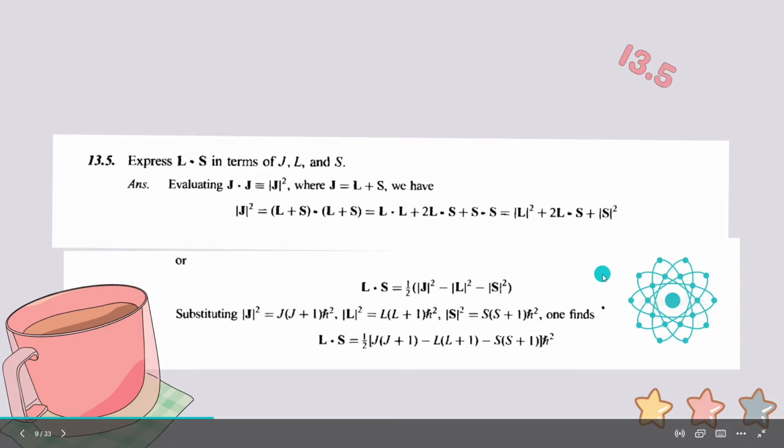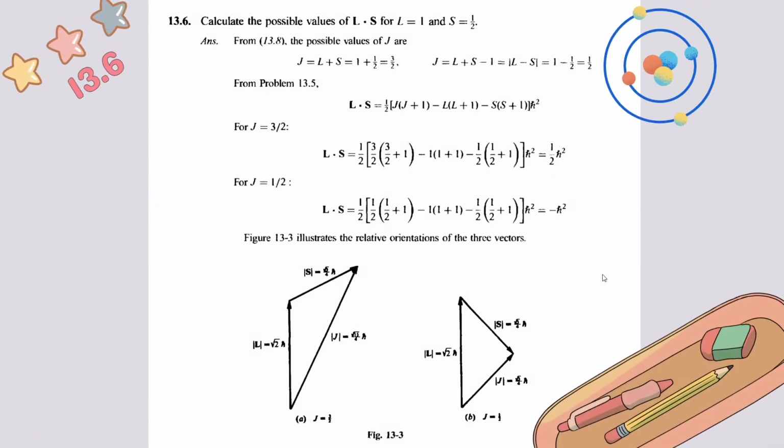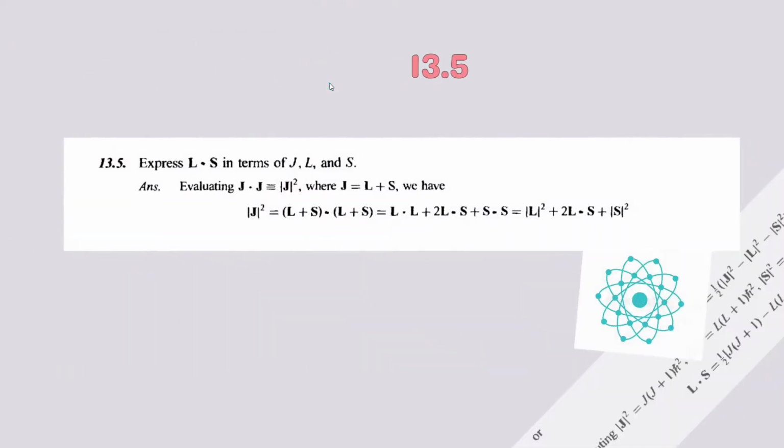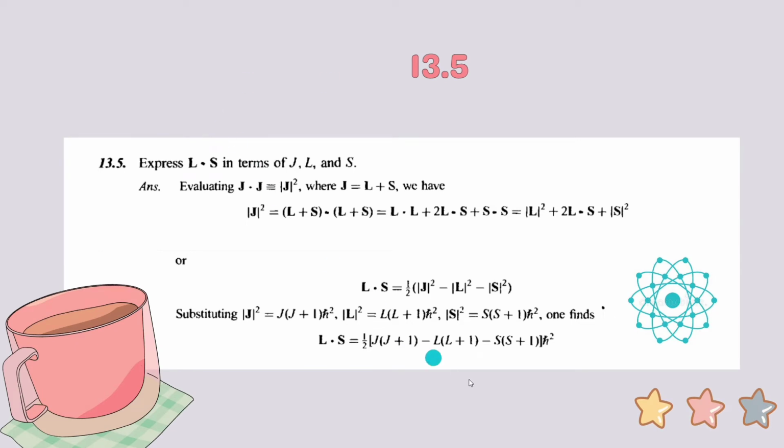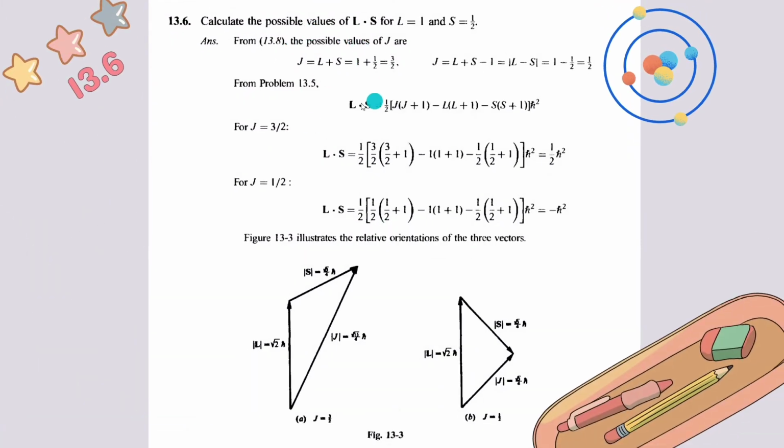Alright, next question, we have 13.6. This question asks us to calculate the possible values of L dot S for L equal to 1 and S equal to half. From this formula, which we got from the 13.5 question, we just use this equation back.